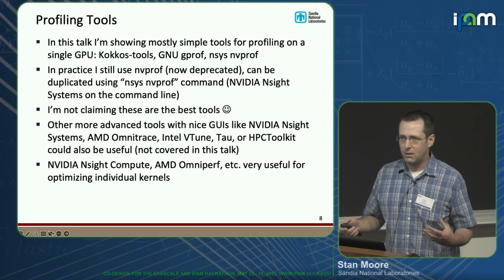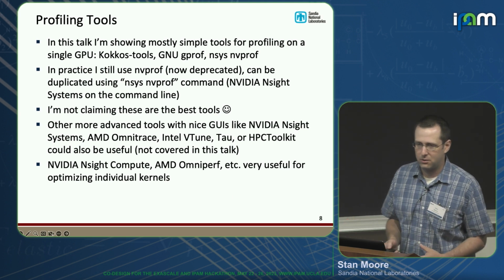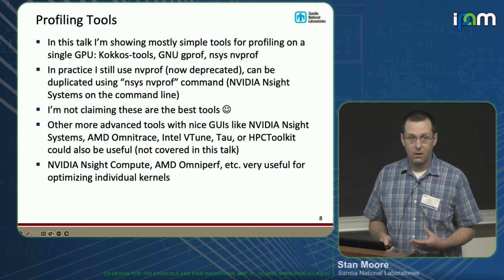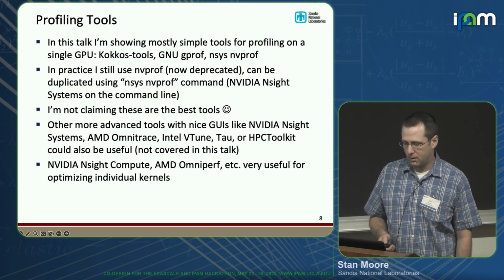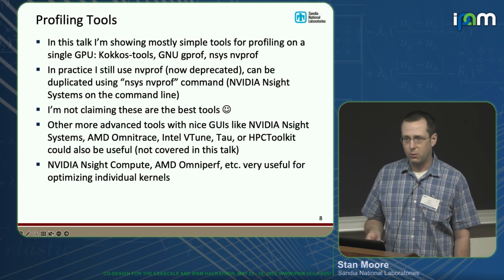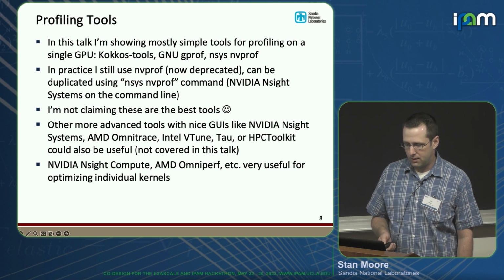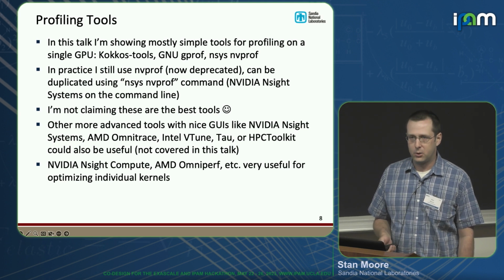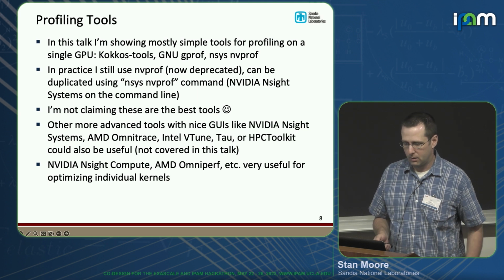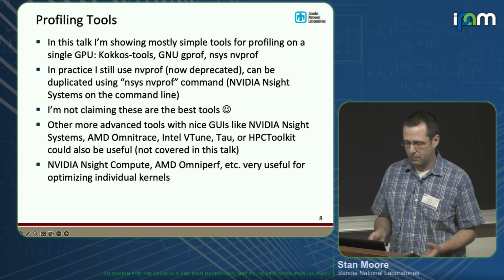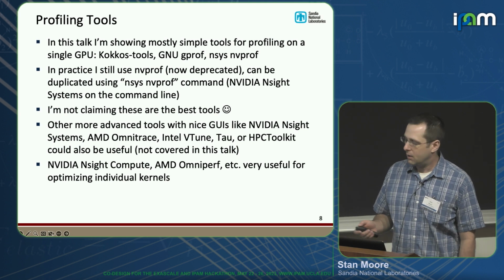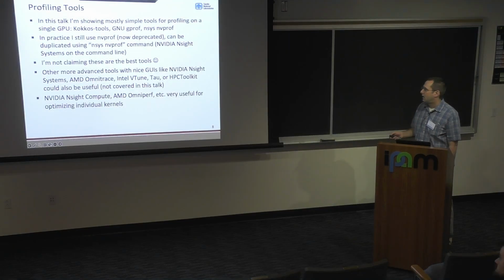So I'm not claiming that these are the best tools. This is just what I'm showing. There are other more advanced tools that have nice GUIs, like NVIDIA Insight Systems, AMD Omnitrace, VTune, TAU, and HPC Toolkit, that could be useful, but I'm not going to cover those in my talk. And then I wanted to make a distinction between Insight Systems versus Insight Compute.